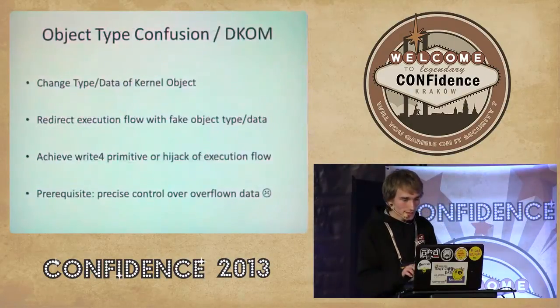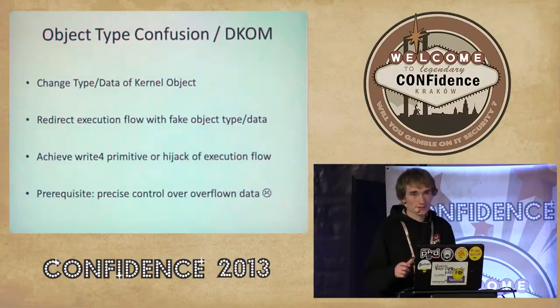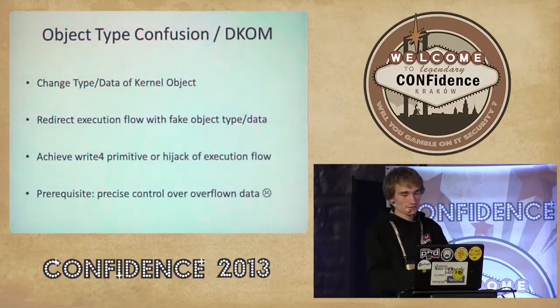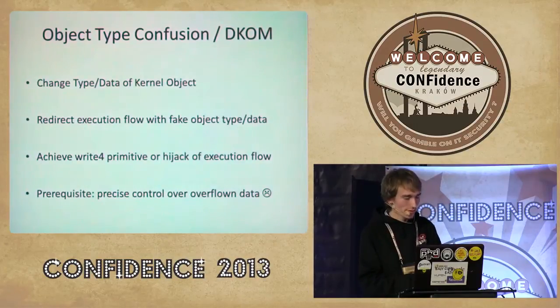So the idea is to change the type of an object and redirect the execution flow with fake data to a function, for example to functions that think they process data of a registry object, but actually it's not a registry object.